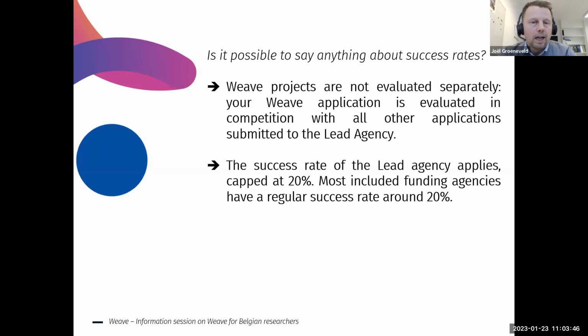And if you apply for the PDR call of the FNRS, you are in competition with all the other PDR proposals submitted in that call. The same goes, of course, for all the other partner agencies where you could apply. And what is otherwise very straightforward is that the success rate of the lead agency applies, but it is capped at 20%. Most included funding agencies in WEAVE have a regular success rate of around 20%.